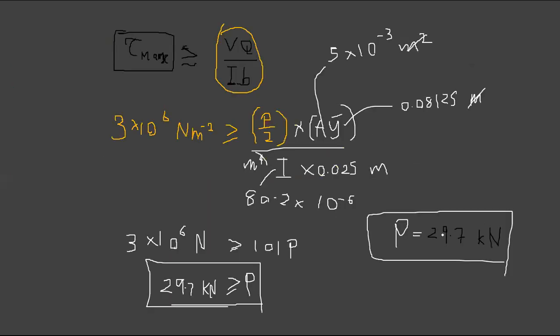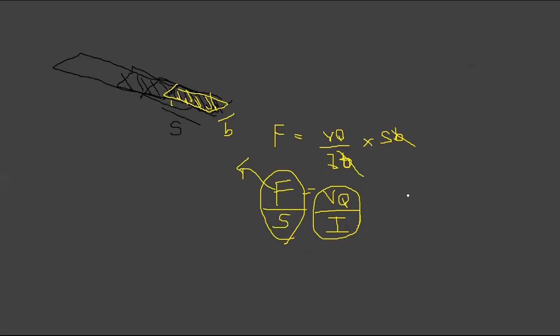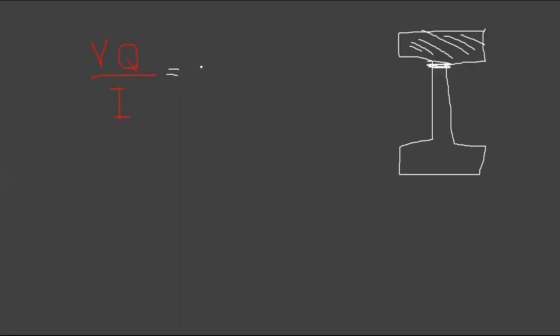So let's say it's around 14.85 into 10 to the power 3 Newton. Q is this area into y bar.